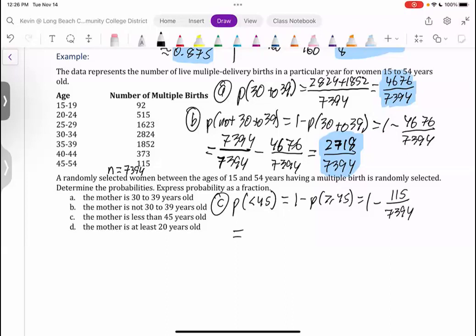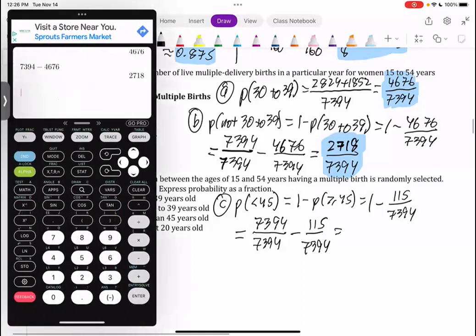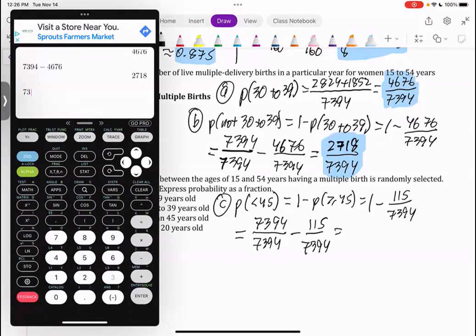And that's going to be much nicer for me. Again, getting a common denominator with the 1 there. So 7394 minus 115 is going to be 7279.